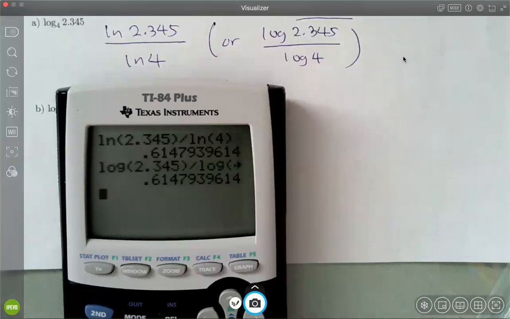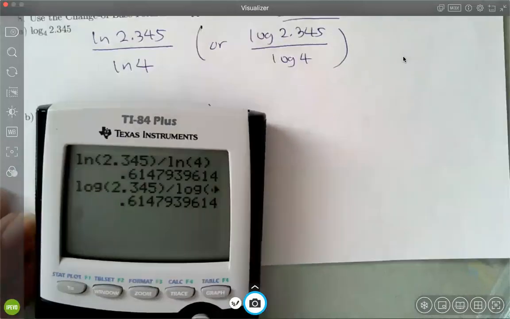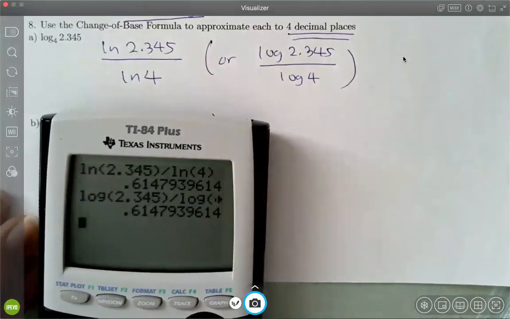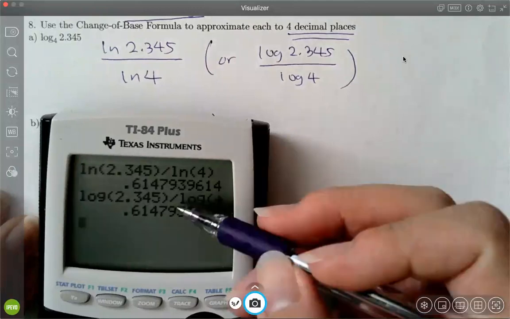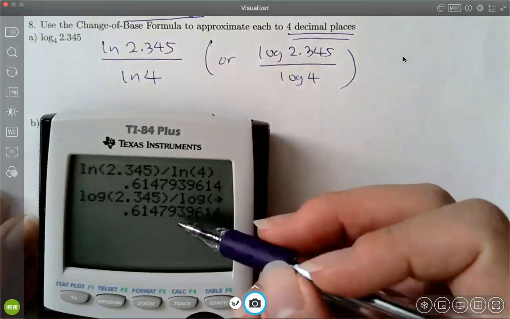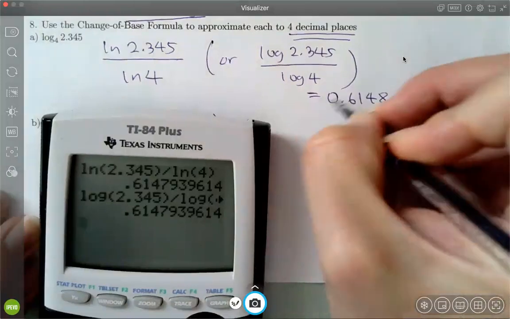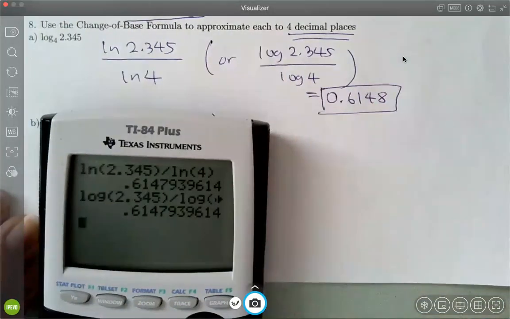You get the same decimals? Oh, yes. So using which special logs doesn't matter. Okay, so how should you write your answer here? It says round to 4 decimal places. So that means the rounding takes place from 9, right? So what's the approximate answer? 0.6148, right?